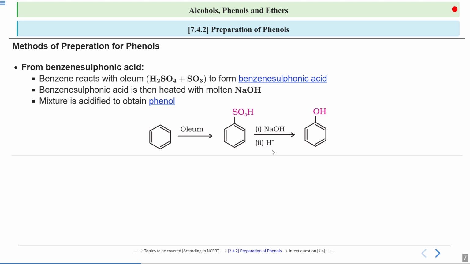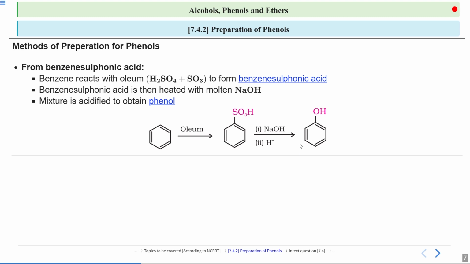Now this is similar to the Dow's process which we studied. So we are left with O minus and Na plus. And further we will treat it with acid. We will do the acidification. So H plus will attack on your O minus Na plus. So O minus is there, so H plus will attack and it will form phenol, that is OH, and your H plus and your Cl minus will leave in this condition.